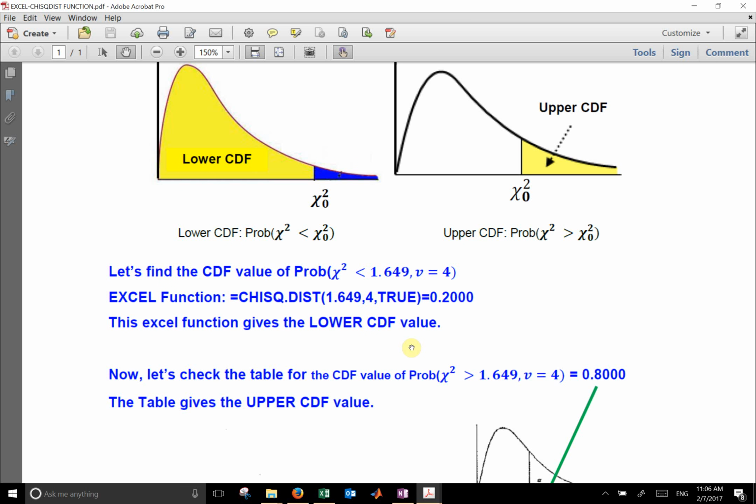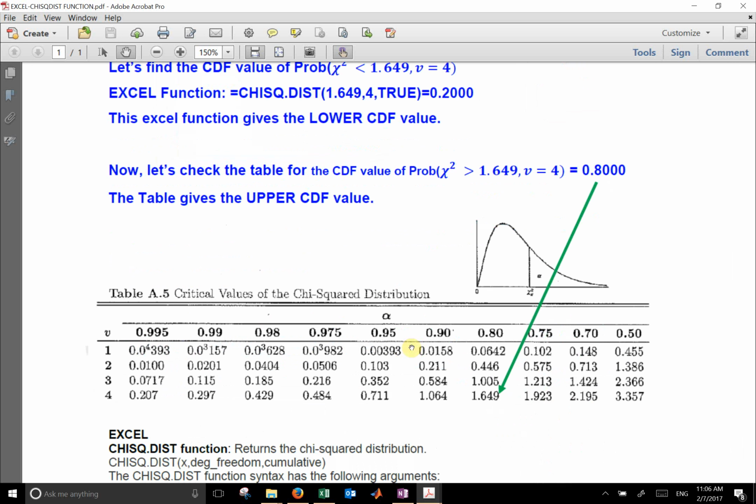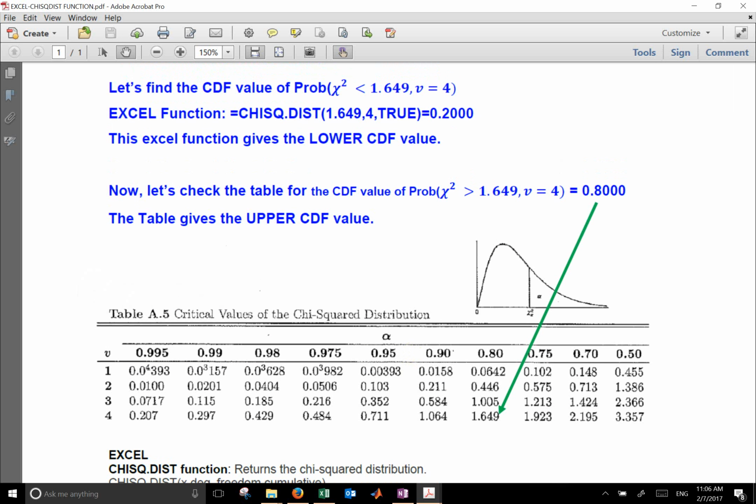Now, let's check the table for probability chi-square greater than 1.649, v equals 4. This table is actually from the book.